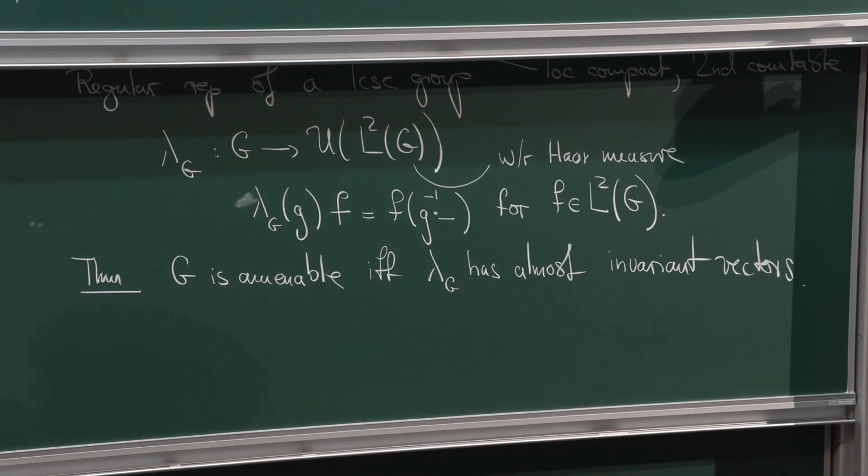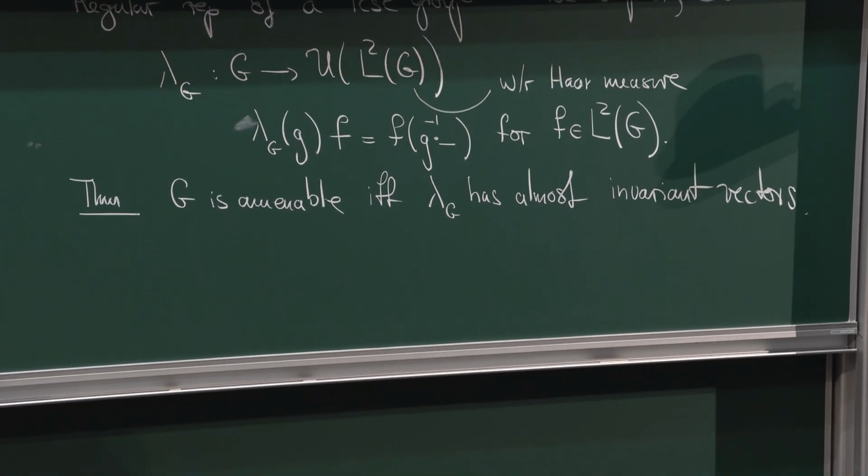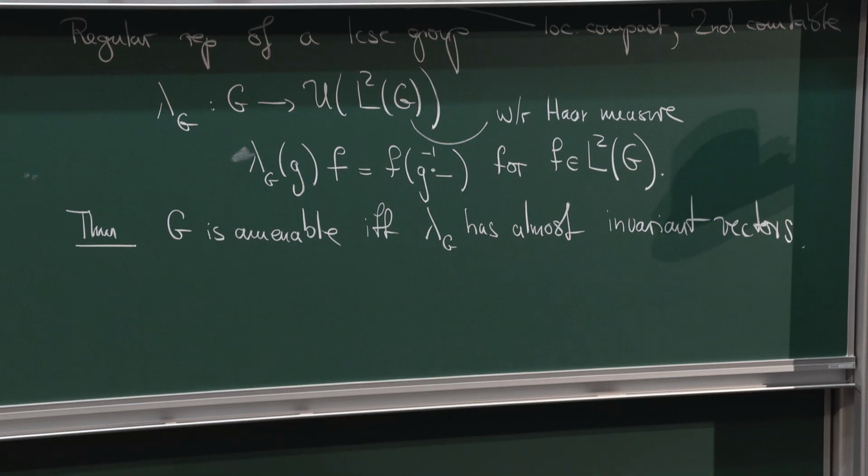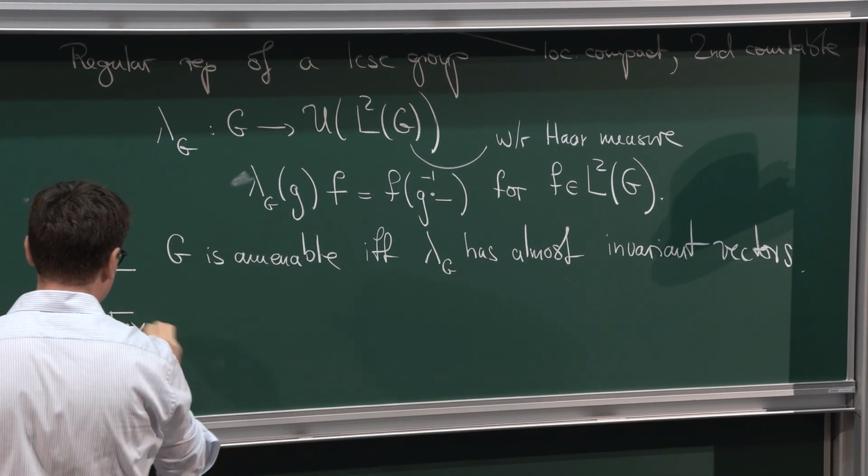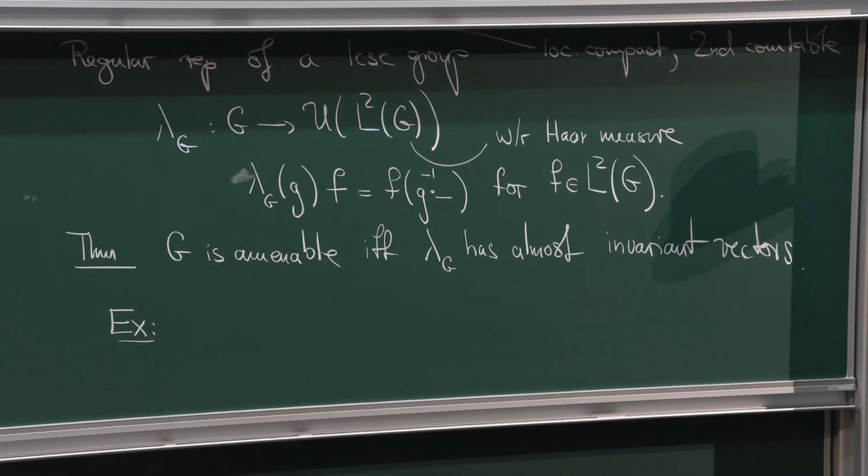That gives you an interesting supply of representations that have invariant vectors.